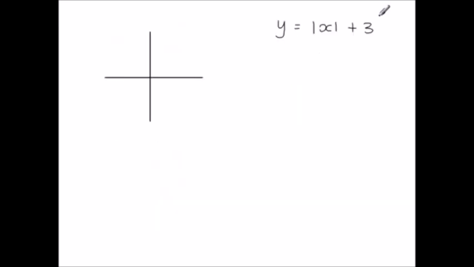To sketch this graph, what we should do is start off with the graph of y is equal to the modulus of x. And that just gives us that graph. And then we can think, well, that plus 3 is separate to that modulus part here. The plus 3 is a transformation that you're going to apply to this graph, and the transformation is 3 units in the positive y direction.